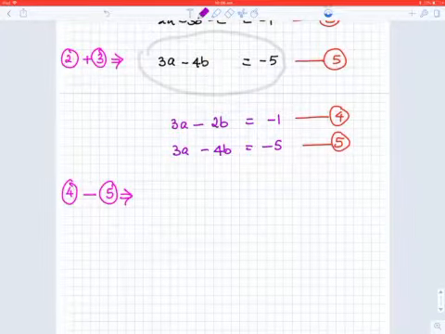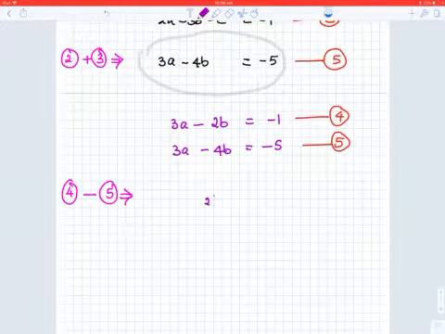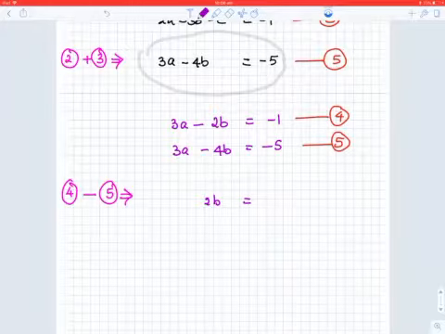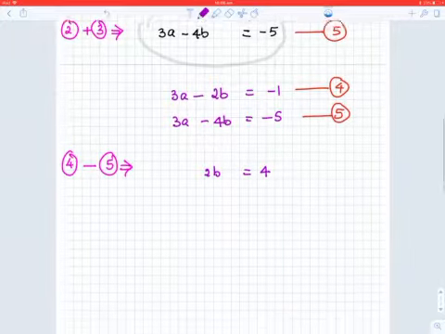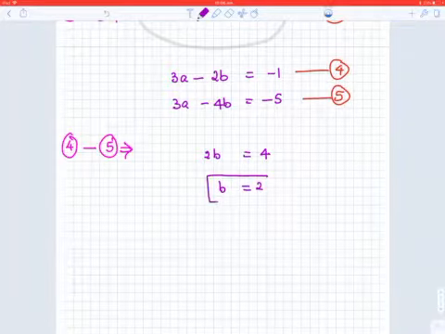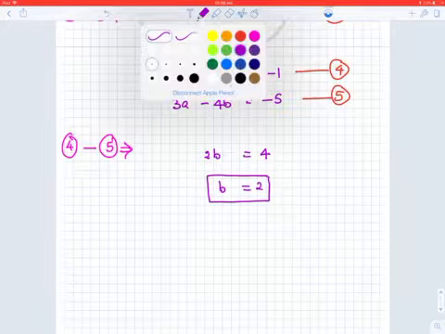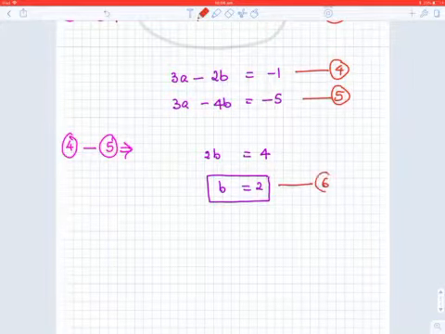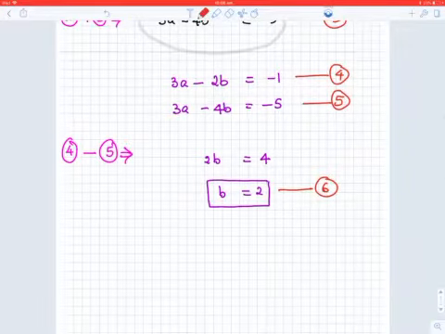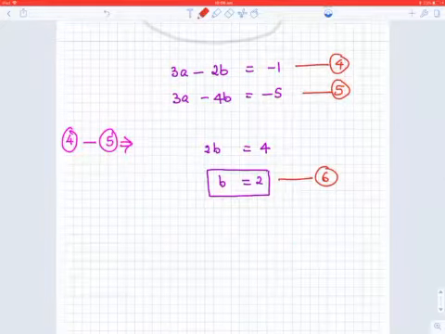So equation 4 take away equation 5 gives me 3A minus 3A disappears. Minus 2B minus of minus 4B becomes 2B, and that equals minus 1 minus of minus 5, which becomes 4. That gives you B equal to 2. So we have B equal to 2, the first answer. I'm going to call this 6.